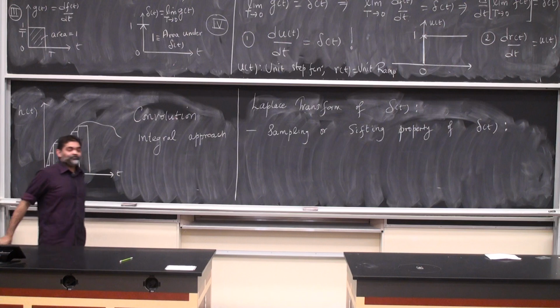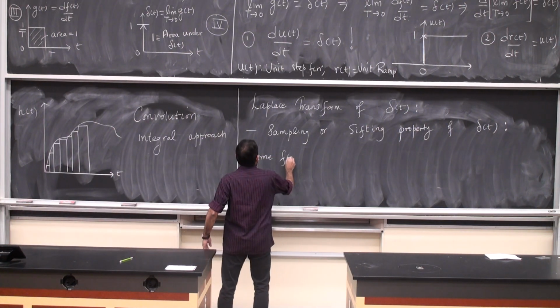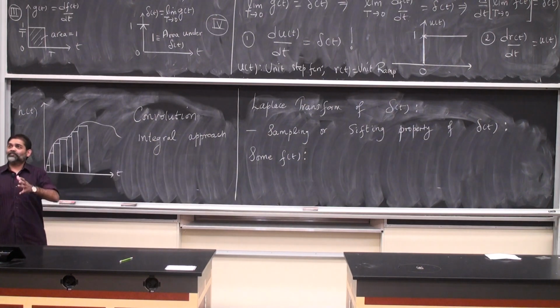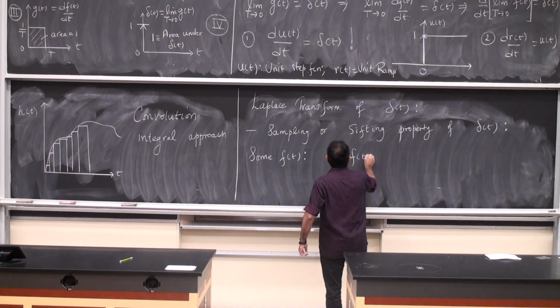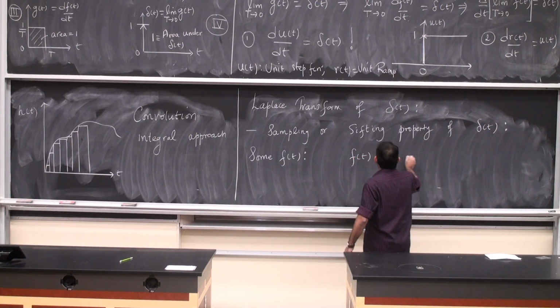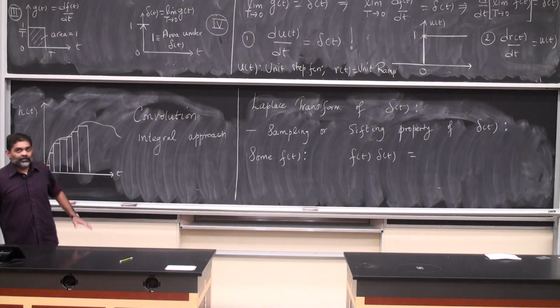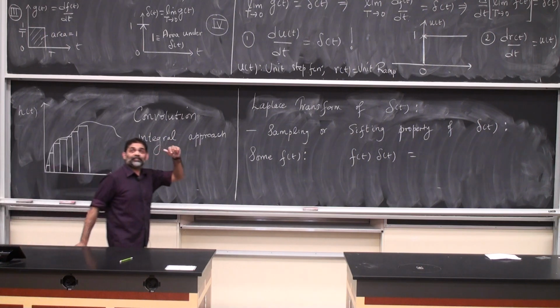Take any function, some f of t. Multiply this with the impulse function. It is completely fine for me to say that this product can be written as the following.